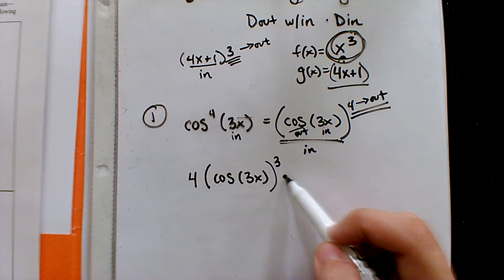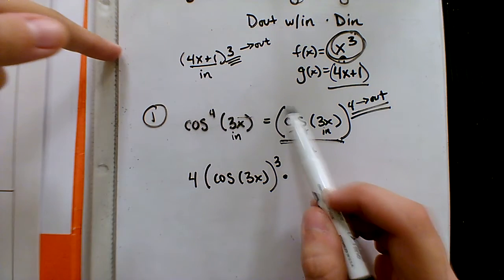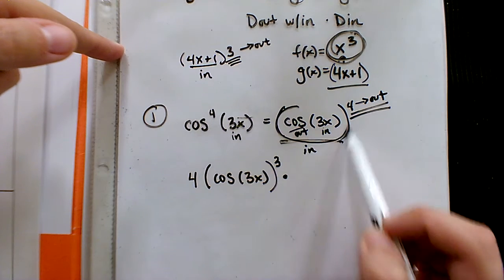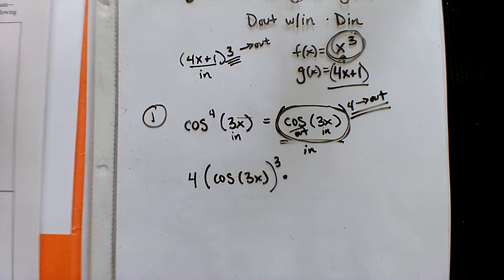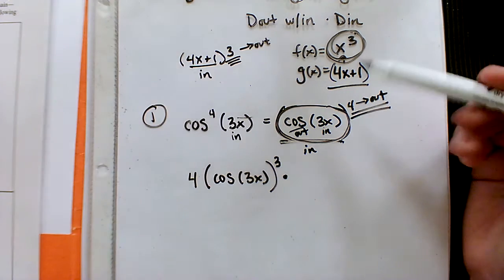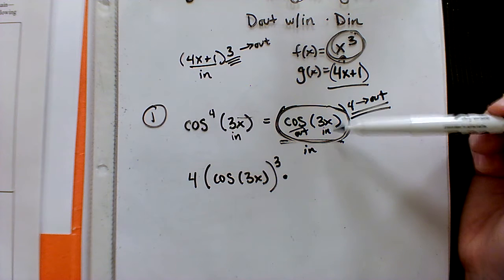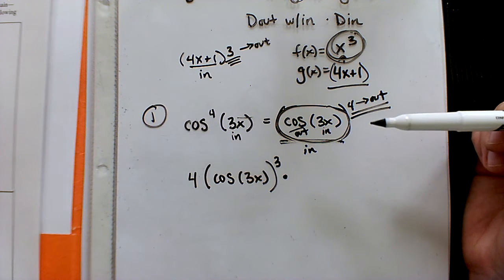We then have to multiply by the derivative of the inside. So if you said the inside was cosine of 3x, you got to ask yourself, how are you going to find the derivative of that? Is it another chain? Is it a product rule? Is it a quotient rule? It could be anything. But it's basically asking you to find the derivative of what's on the inside. And when we looked at it a little more closely, we said it's another inside-outside property or characteristic.